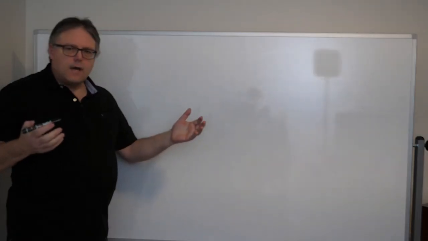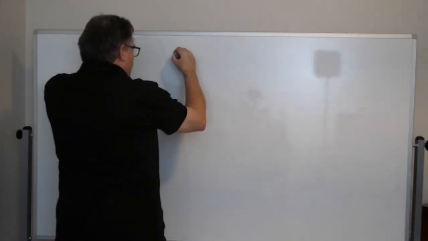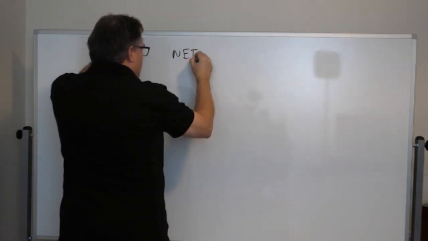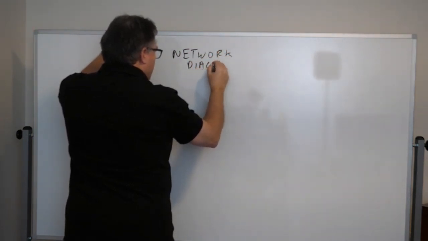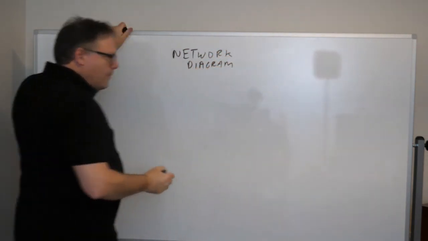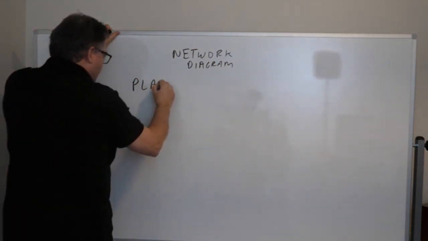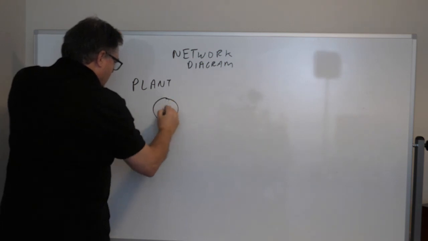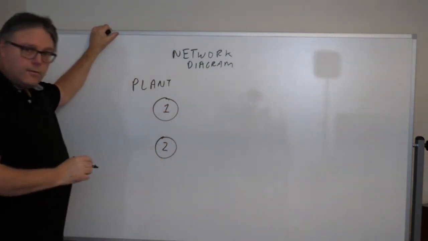All right, let's draw a network diagram for the BBC Brick Company, shall we? So BBC Brick Company has 2 plants. We have plant 1 and we have plant 2.